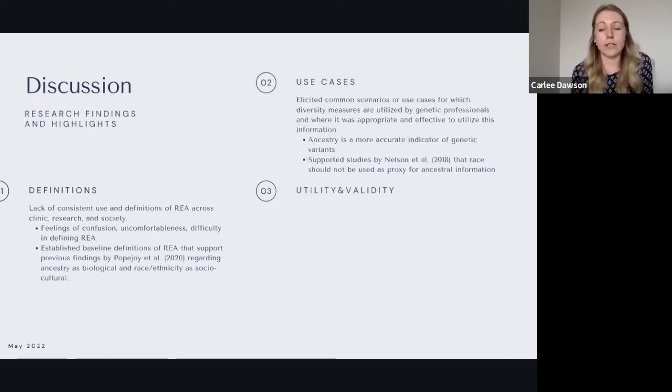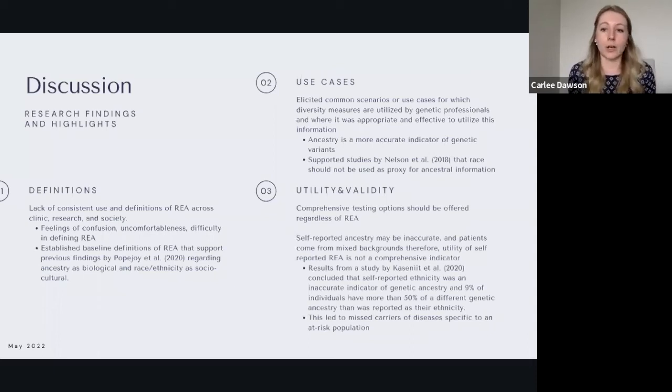For the utility of diversity measures, it elicited some common scenarios or use cases for which diversity measures are utilized by genetic professionals and where it may be appropriate or effective to use the information. Ancestry seemed to be the more accurate indicator of genetic variance, and supporting previous studies by Nelson et al. stating that race should not be used as proxy for ancestral information.